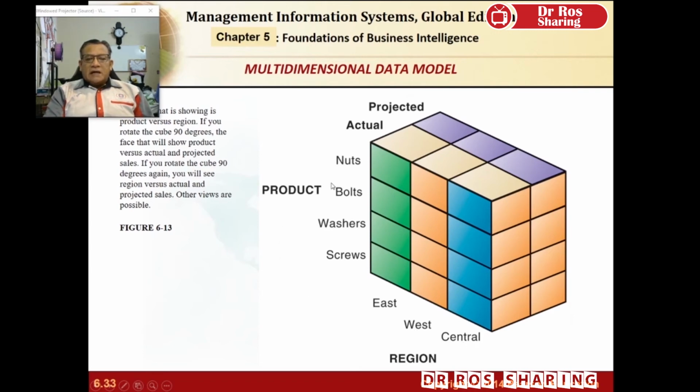So how many nuts we are supposed to be selling, and what is the actual volume that we have sold at perhaps region West. So this is how we could see the three-dimensional data for managers to make decisions. This is the multi-dimensional data model.